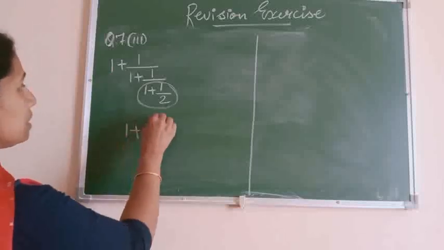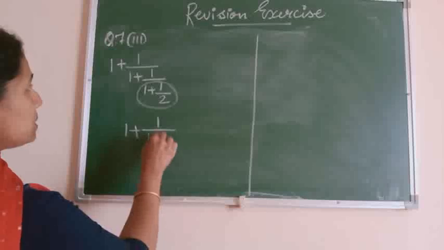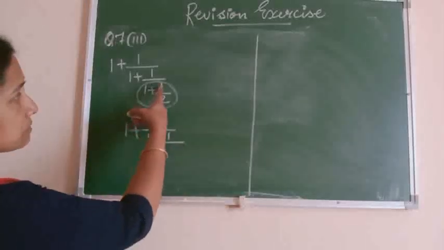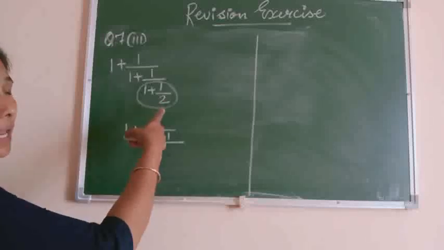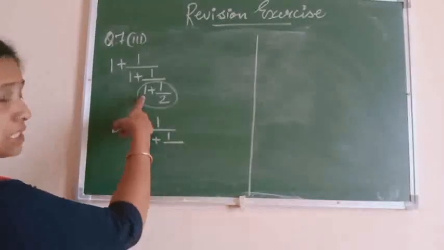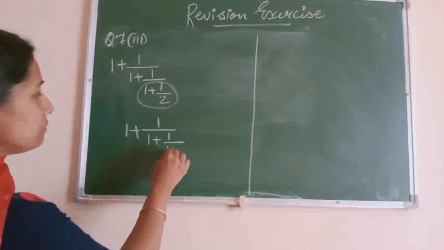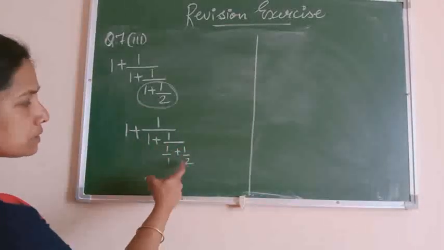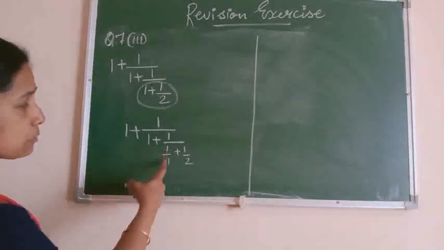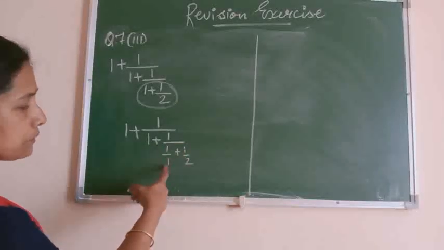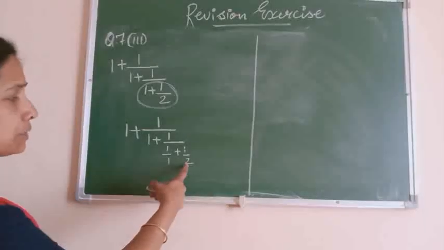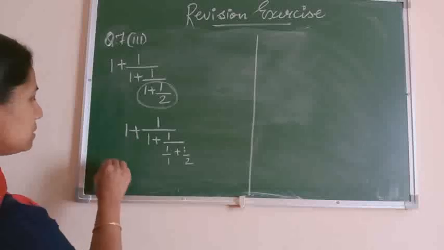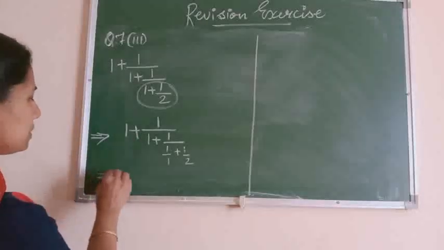1 plus 1 upon 1 plus 1 upon, here we are doing this. See, 1 plus 1 upon 2. It is addition of fraction. That means this 1 you can change into fraction, then it will become 1 upon 1 plus 1 upon 2. And you know how to solve this. It is fractions addition, 1 upon 1 plus 1 upon 2. You have to find the LCM of 1 and 2. LCM of 1 and 2 is 2 only. That we are doing here.